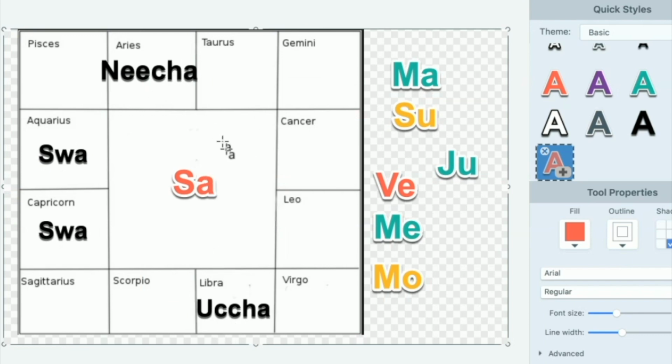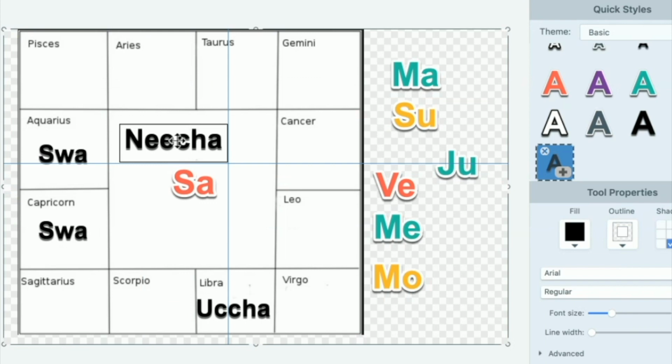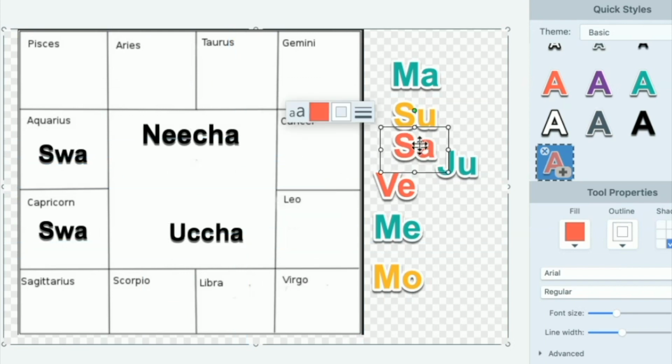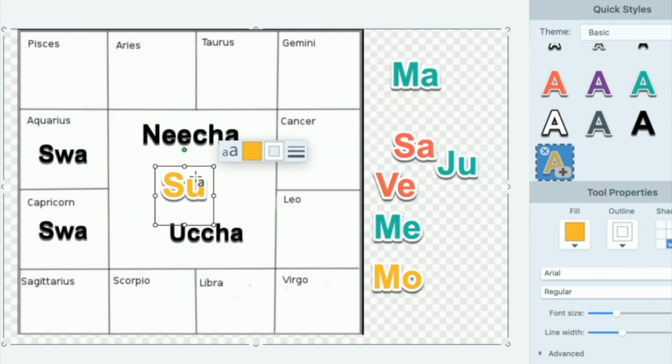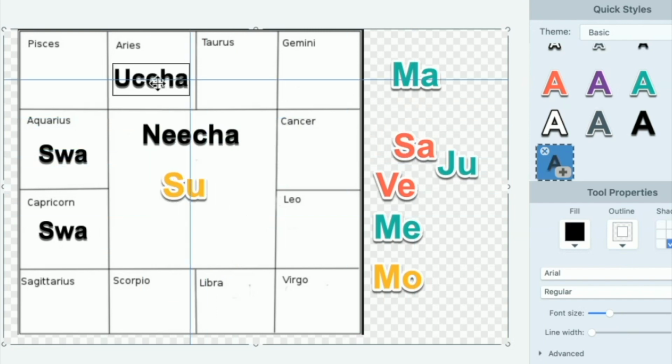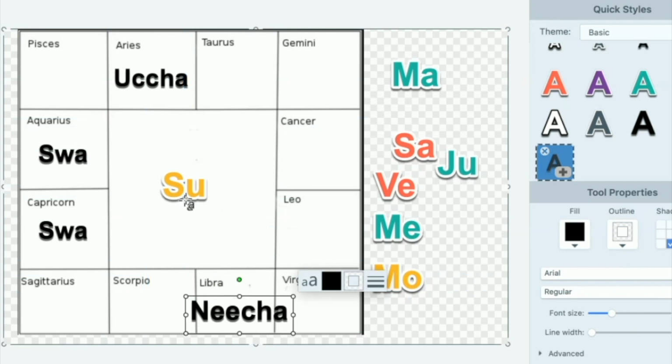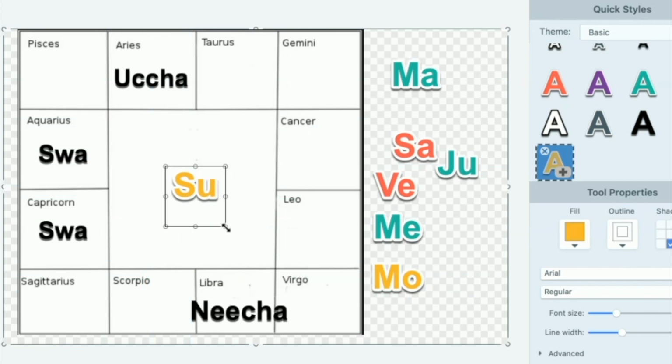I didn't talk about the Sun. Let's go back to the Sun. The Sun is actually the opposite of Saturn. The Sun is exalted in Aries and debilitated in Libra, and Saturn is the opposite. Saturn and the Sun are not friends. They're opposite each other in the chart, which means they're arch enemies.